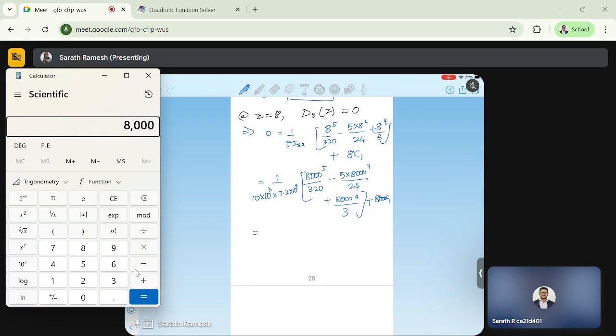8000 into 8000 power 5 divided by 320 minus 5 into 8000 power 4 by 24 plus 8000 power 4 by 3.